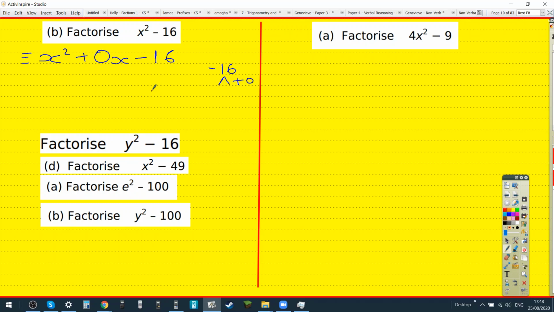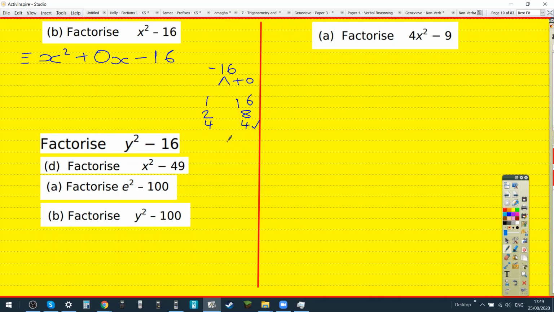Multiply. So there's 1 and 16, then 2 and 8, and then 4 and 4. Yes. 4 and 4. Okay.